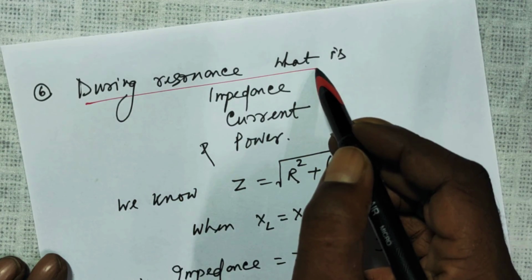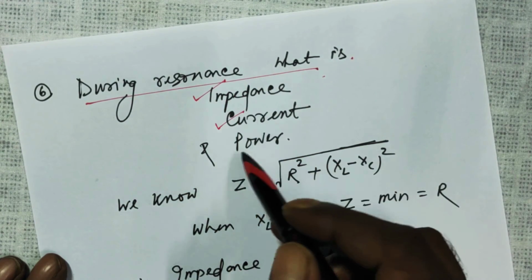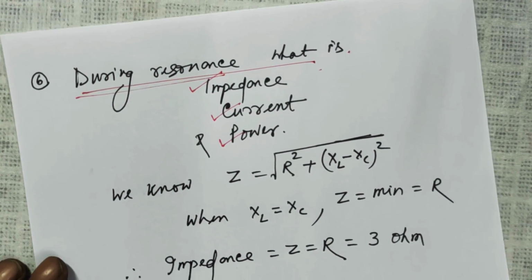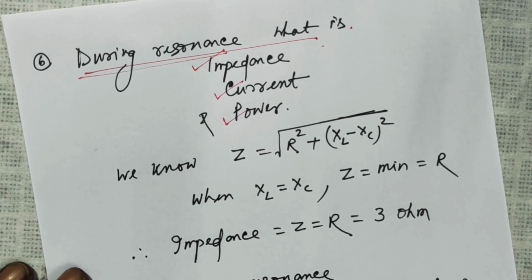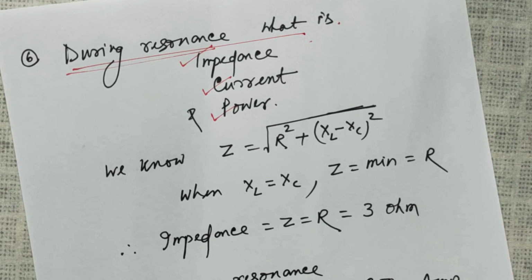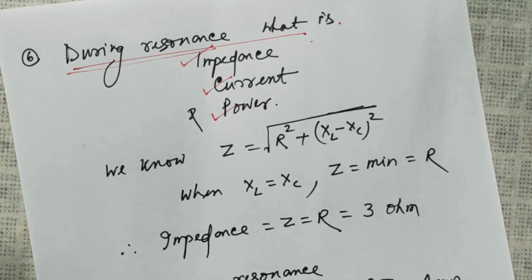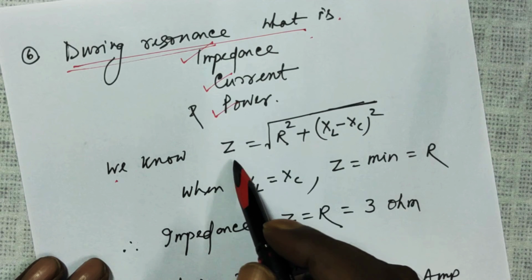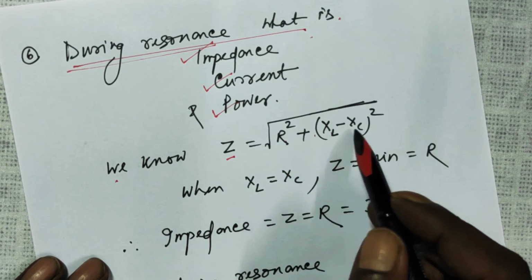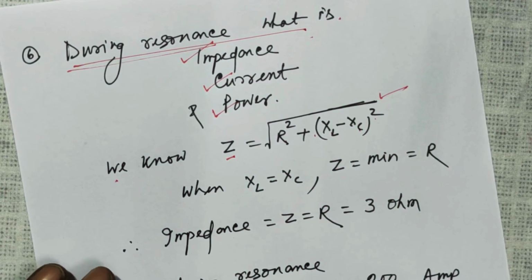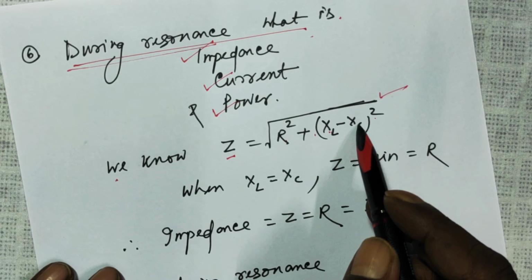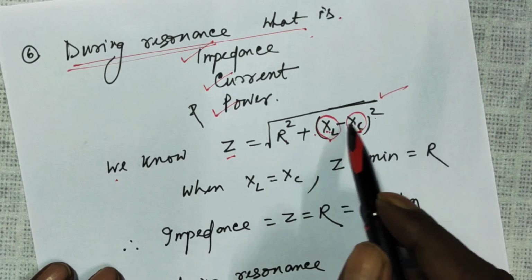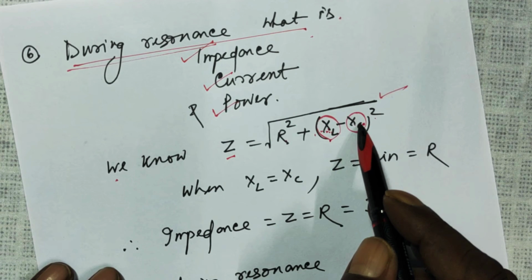Now the last one, the sixth one: during resonance, what is the impedance, what is the current, and what is the power. When there is resonance, it draws the maximum current because the resistance is minimum. We know the impedance was the square root of R square plus (XL minus XC) square. And when XL is equal to XC, means the resistance offered by the inductor and by the capacitor are equal in magnitude, then this minus this will be 0.